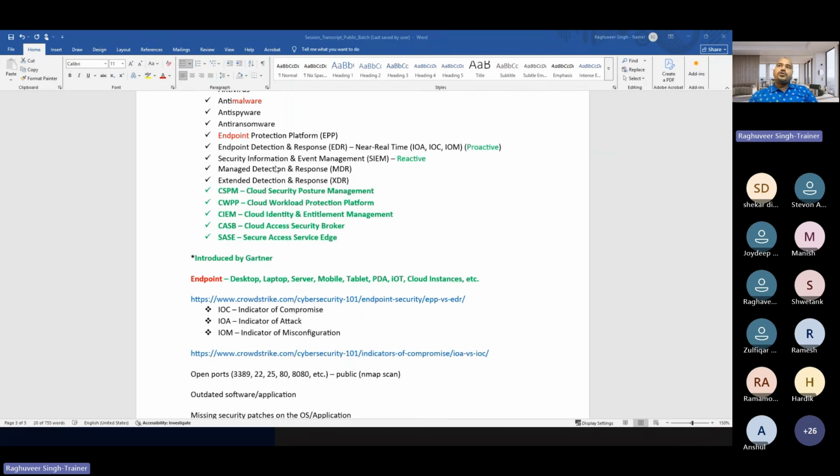For example, cloud security posture management. Now, what is cloud security posture management? Most of the organizations today use cloud service providers to host their workloads and applications: Azure, AWS, GCP. When they host their workloads and applications in the cloud, they lose end-to-end control over them.